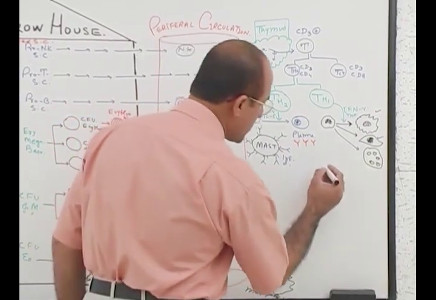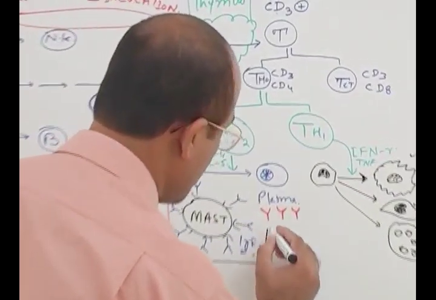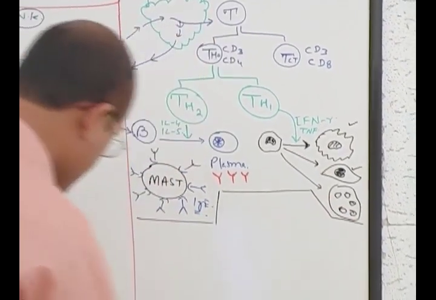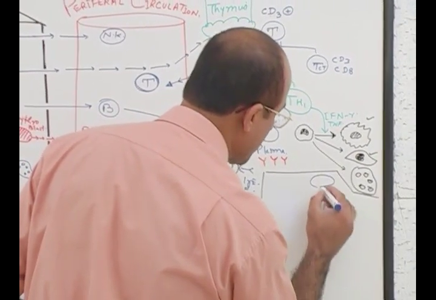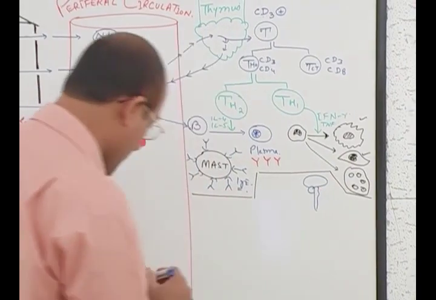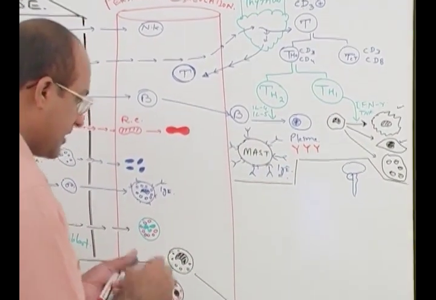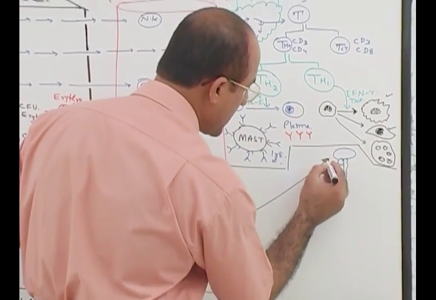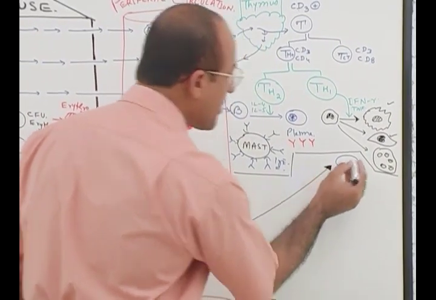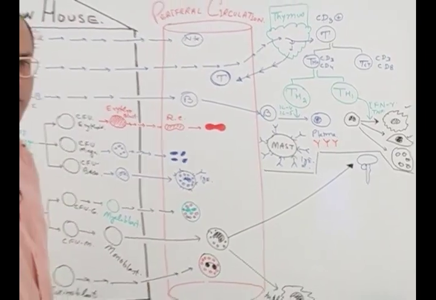Let me tell you, this is a very special discussion. Some of the monocytes shift to the central nervous system during the early phase of development. And these monocytes which shift to the central nervous system during early development become permanent residents of the central nervous system.